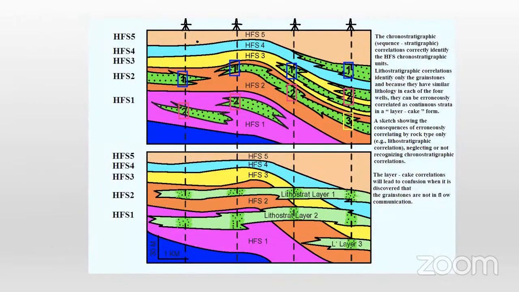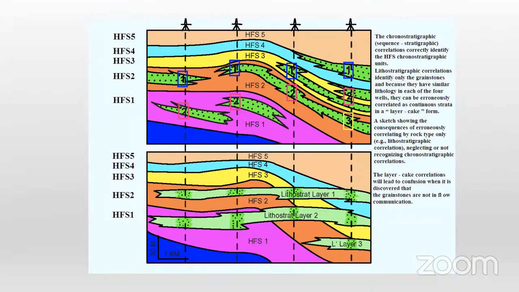Look at this one. This image is based on sequence stratigraphy, and you can see that it just connects some sandstones, for example this sandstone with this sandstone. But based on lithostratigraphy, it just connects the sandstones with each other.